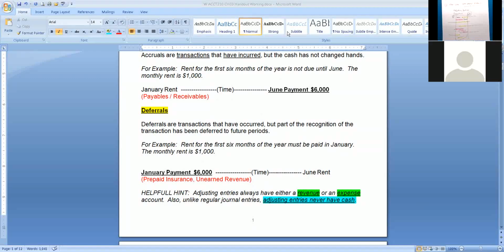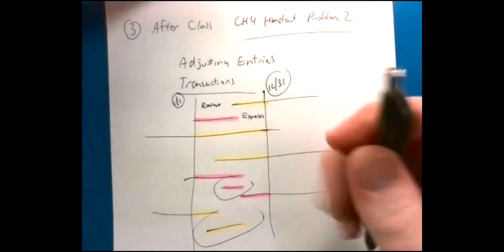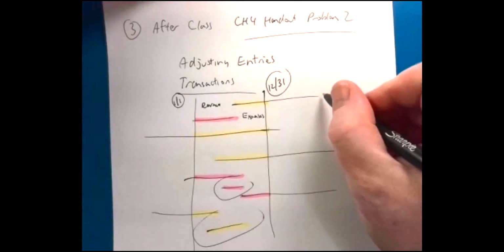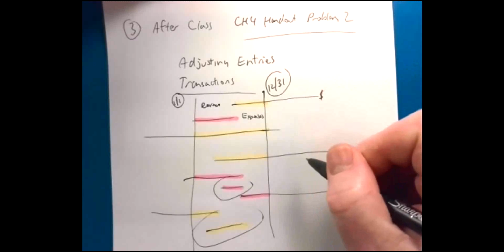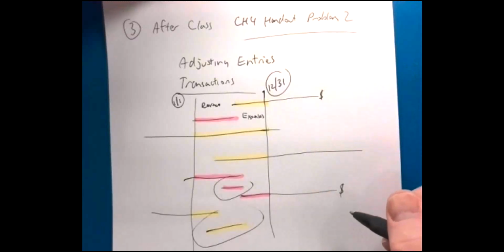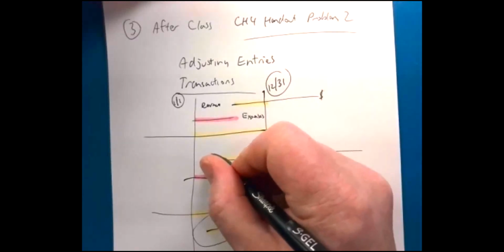And let me modify my thing here. If they are an accrual, that means the money hasn't changed hands yet. If they are a deferral, we're deferring it.